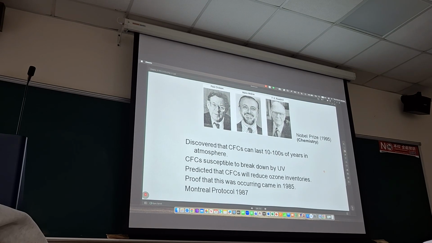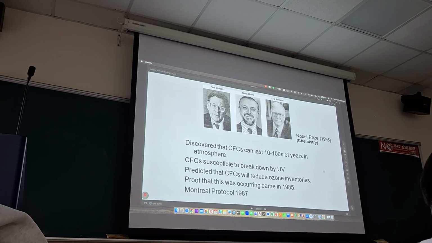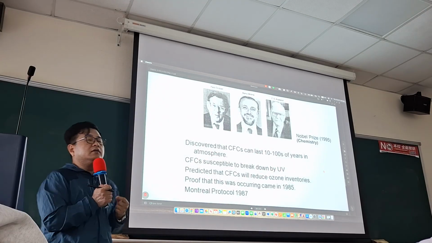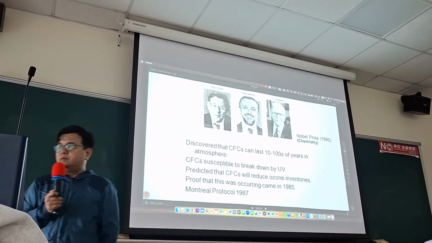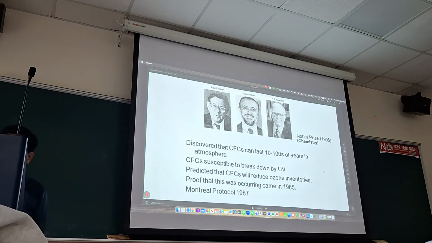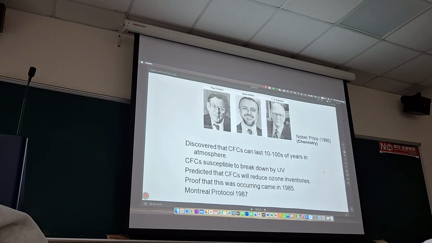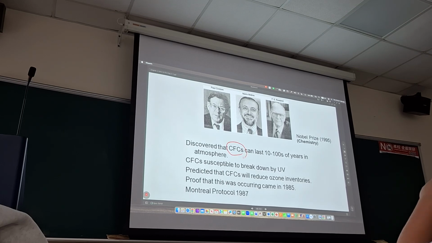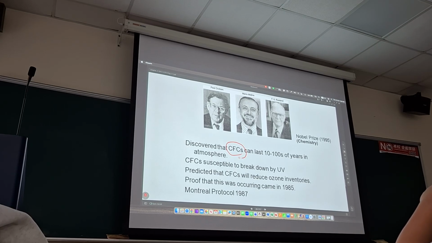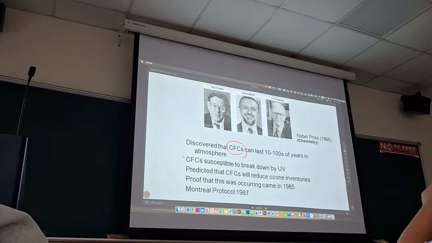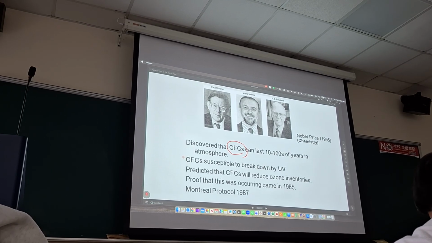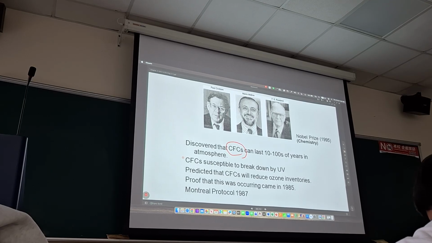Okay, so next one. These 3 scientists were awarded the Nobel Prize in Chemistry in 1995. Because they found out that CFCs can last 10 to 100 years in the atmosphere, and they can cause free radicals that generate chain reactions to break down the ozone.